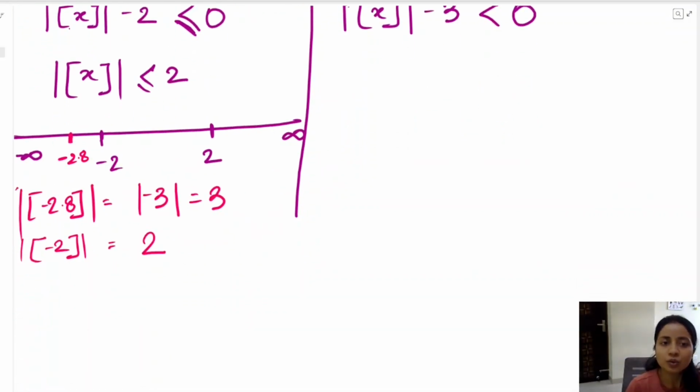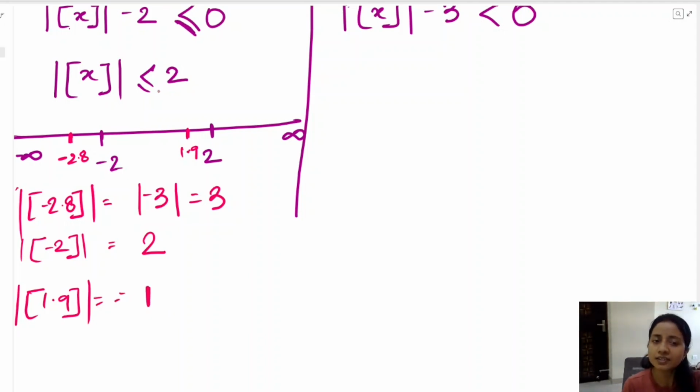So our solution region starts from negative 2 and let's check whether it will go till positive 2 or beyond that. If we take a few more numbers, let's say 1.9, this will give us the nearest integer which is smaller than this one, that is 1.